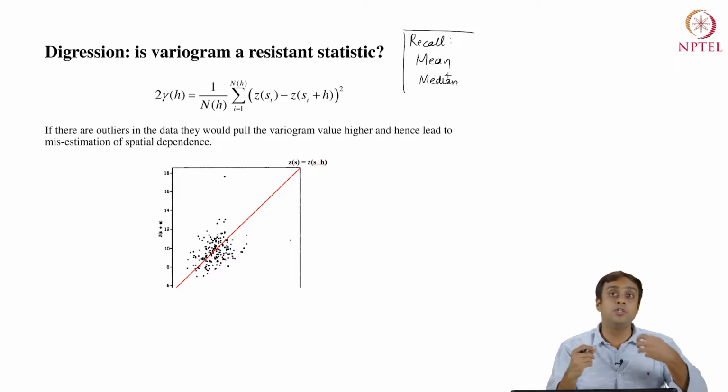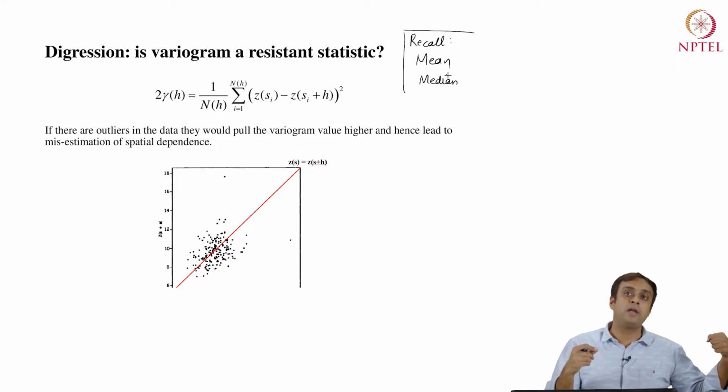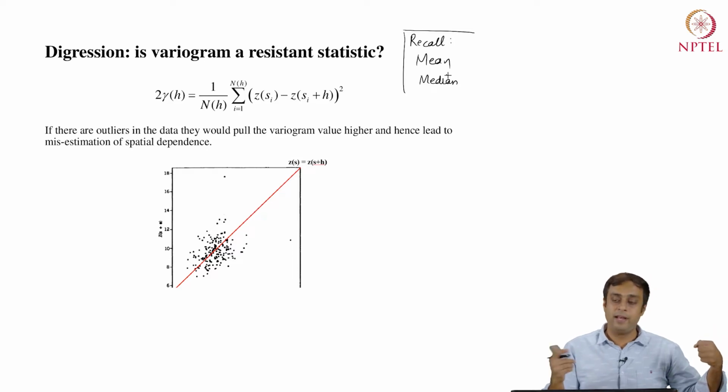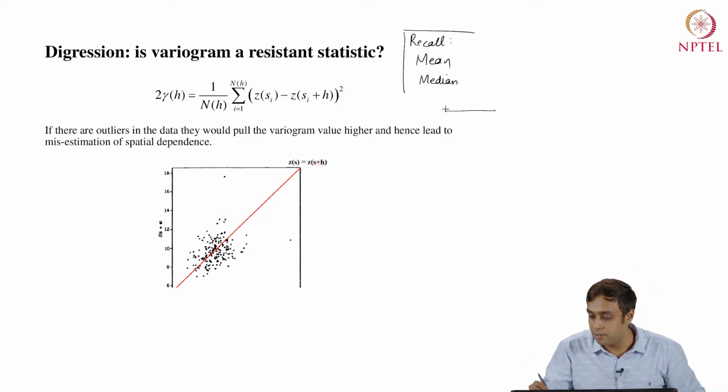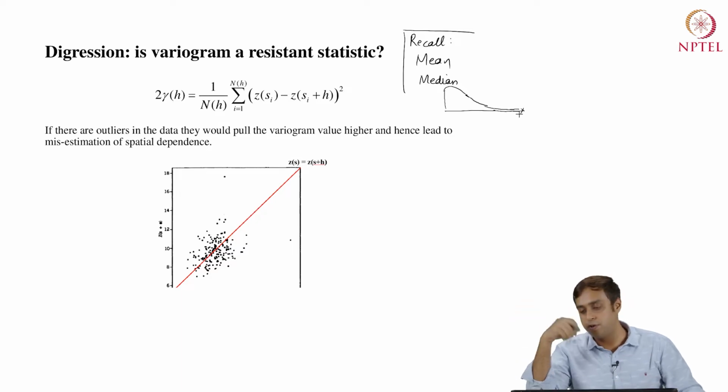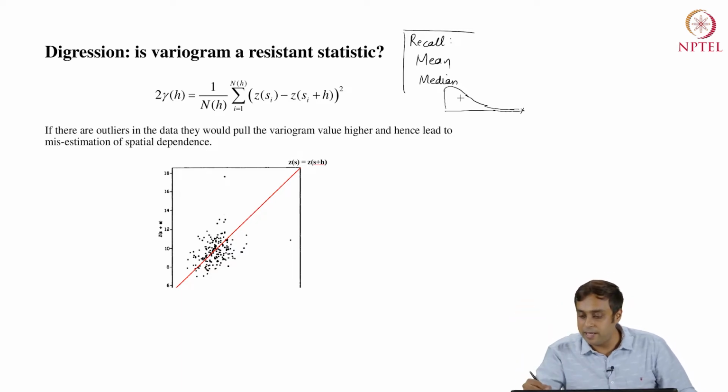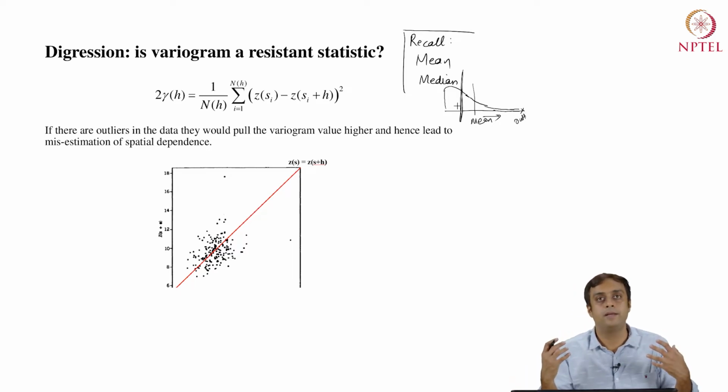The mean value is pulled away by the outlier value in its direction, right. So, if I have a left skewed distribution where the outlier values are towards the right of the distribution, what will happen is that the mean will get pulled in the direction of the outlier, right, whereas the median is more resilient to it, right.